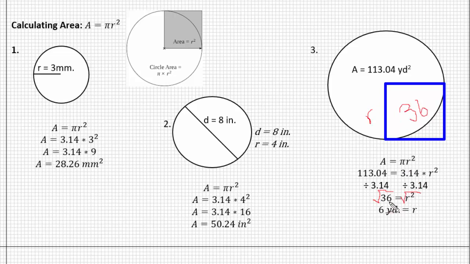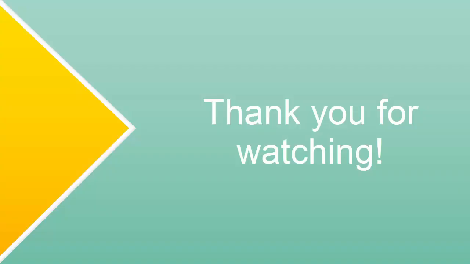So if we take the square root of both sides, that leaves r, the radius, and the square root of 36 is 6, because 6 times 6 equals 36. So in using our formula, plugging in what we know, and using our equation solving skills, we find that the radius of this circle, the distance from the center point to the outside edge, is 6 yards.